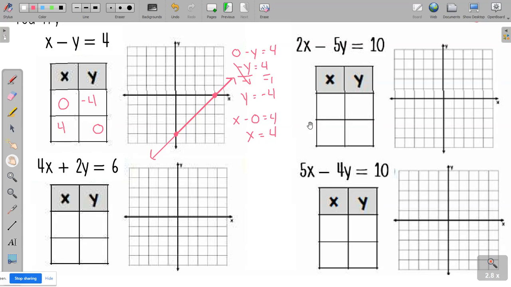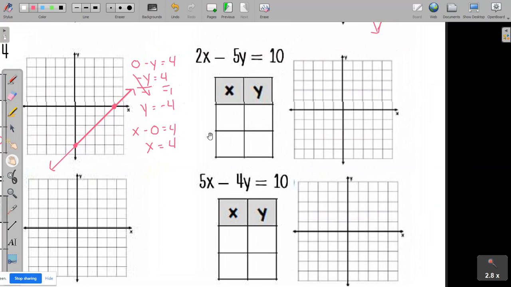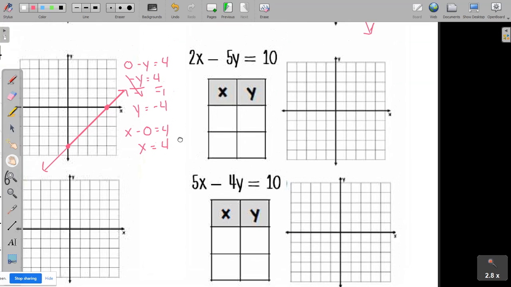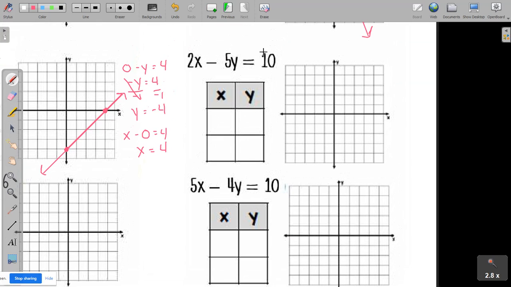Now let's look at the next one. There we go. Now that graph's not crazy. So substitute in 0 in for x. And when you do that, you get negative 2.